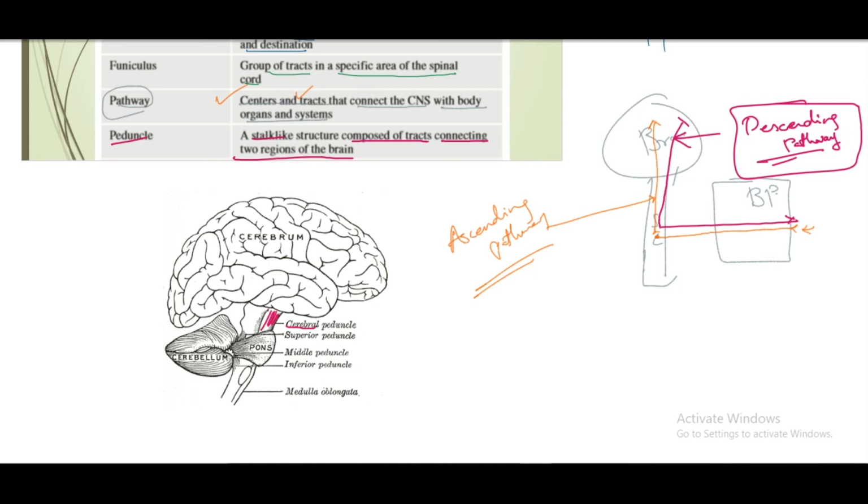The cerebral peduncle is connecting the midbrain or the brainstem with your cerebrum. And you have cerebellar peduncles. You have superior, middle and inferior cerebellar peduncles, which connect the cerebellum to the brainstem.